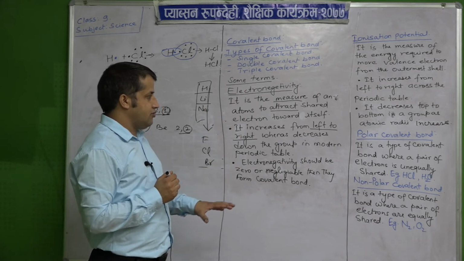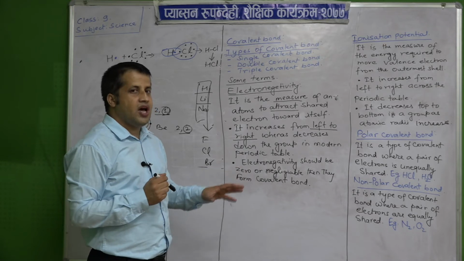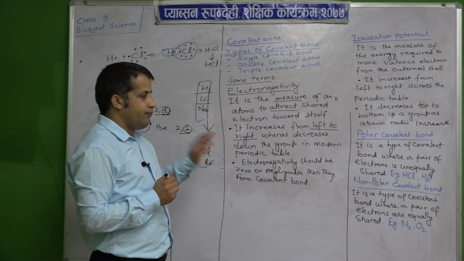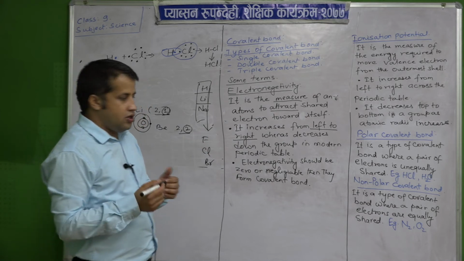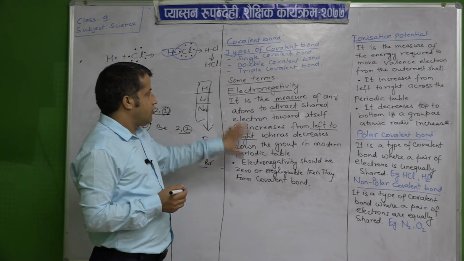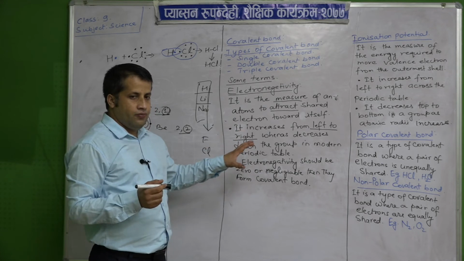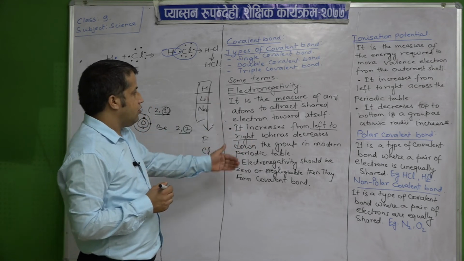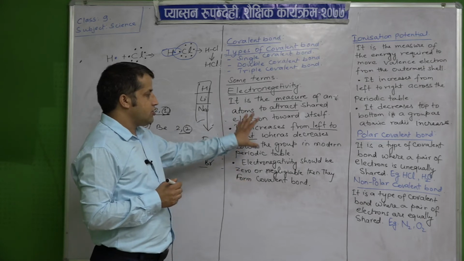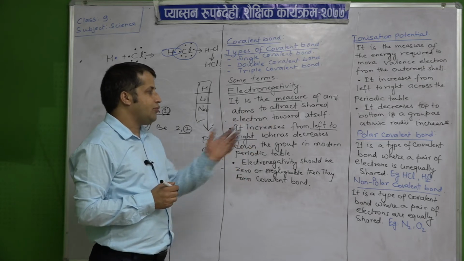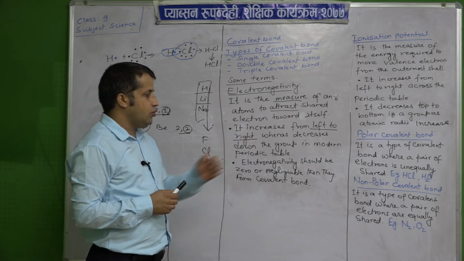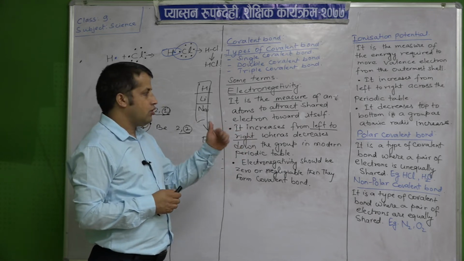These are the terms which are new to you, so try to understand carefully and consult your teacher about this. I have taught you this because we have to understand what a polar covalent bond and a non-polar covalent bond or compound is.